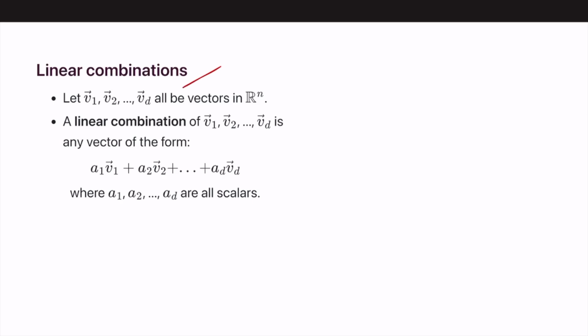So we have d vectors, and since we have n, we have n components or elements in each vector.